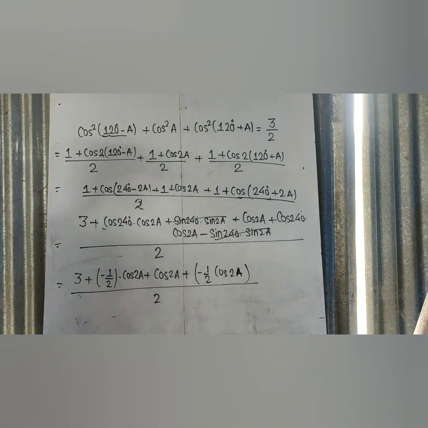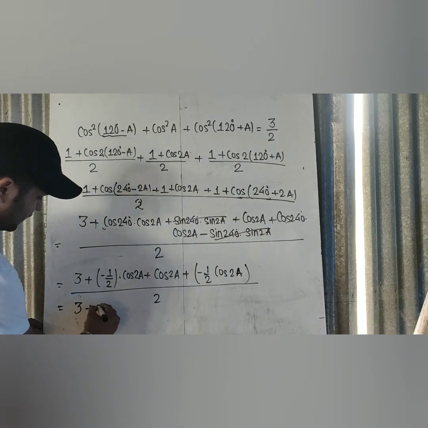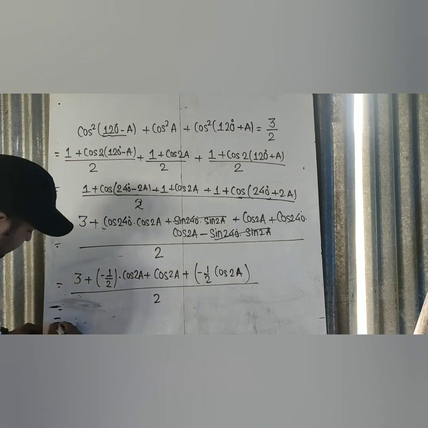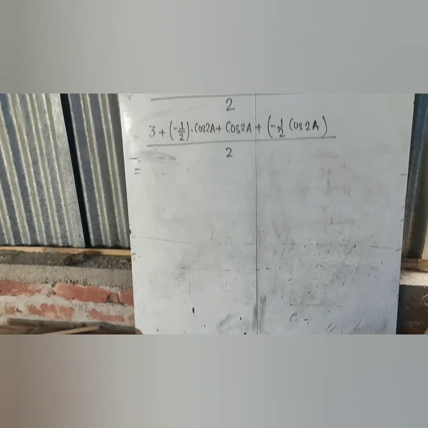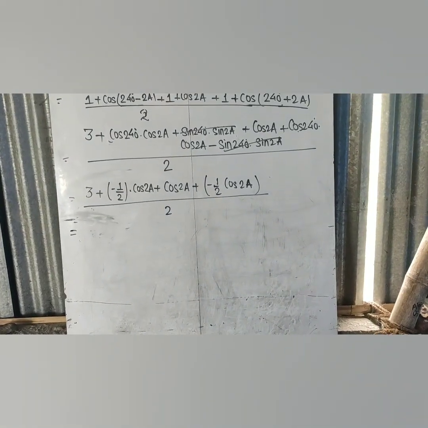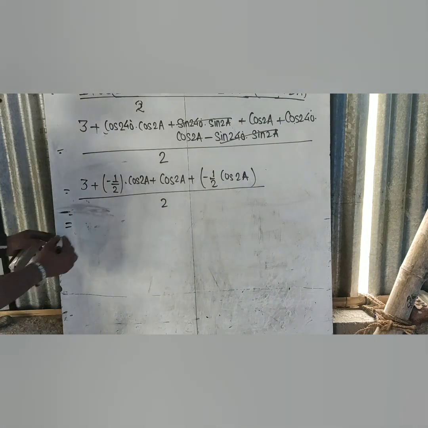Okay, now we'll solve it furthermore. These all are the like terms. Since these all are the like terms, you can simplify it. Now we'll solve this way.